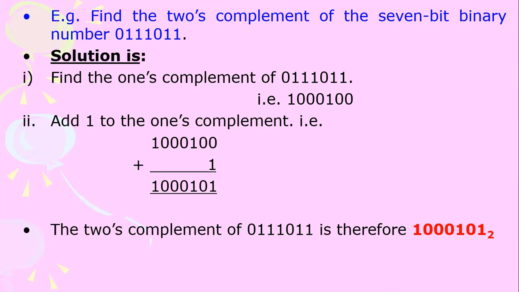So the 2's complement of our number 0, 1, 1, 1, 0, 1, 1 therefore becomes 1, 0, 0, 0, 1, 0, 1 binary.